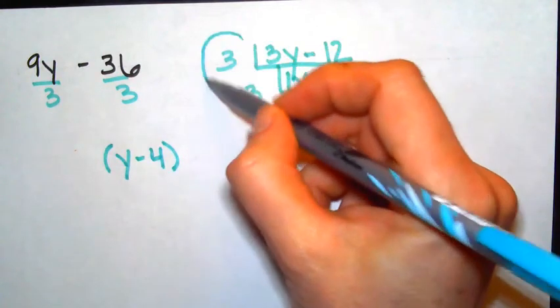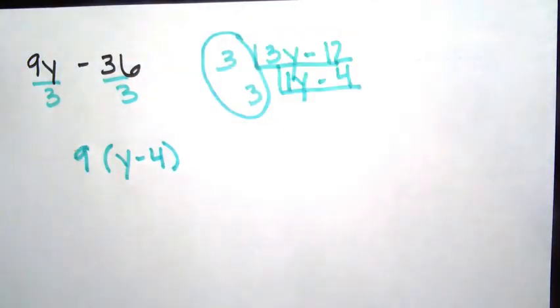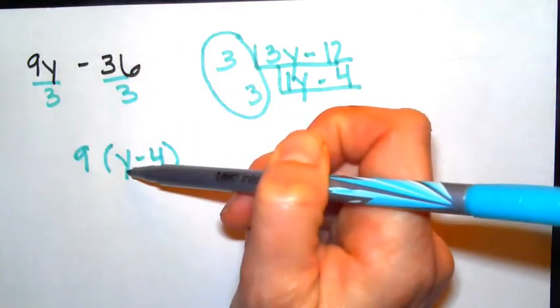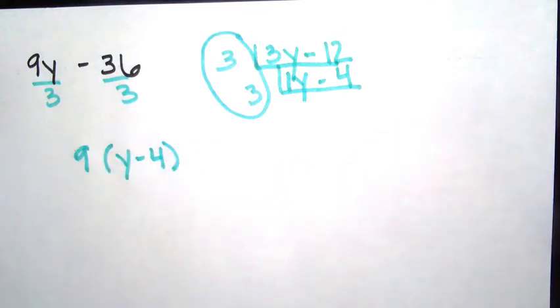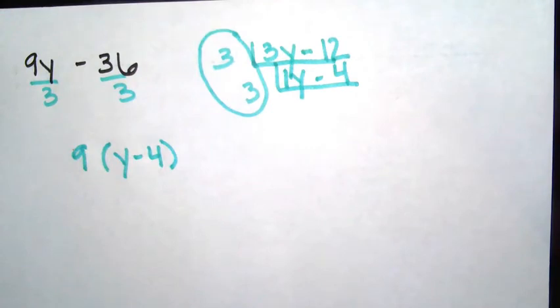Multiply the numbers on the outside. Again, I could have done 9y divided by 9 is 1y, 36 divided by 9 is 4, if I already knew that 9 was a factor of both of those. If I have to take more steps to get it down to the greatest common factor, that's fine too.